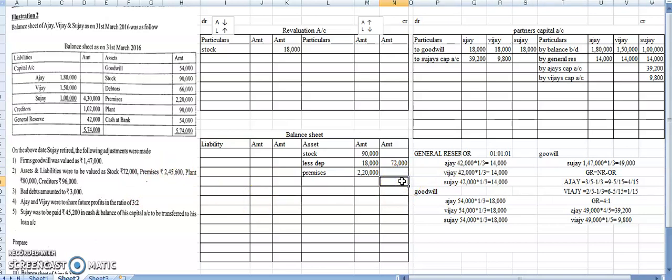So 2,45,000. Then as we can clearly see here, it is an increase. First it was 2,20,000, now it is 2,45,000. So how much increase? Deduct 2,45,000 minus 2,20,000. So the answer comes to 25,600.